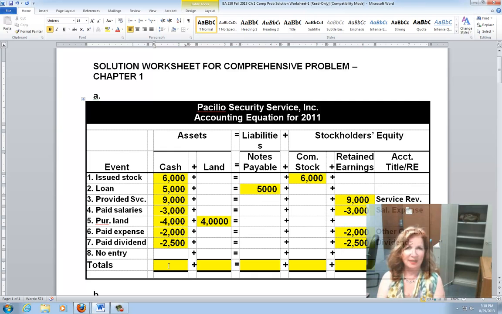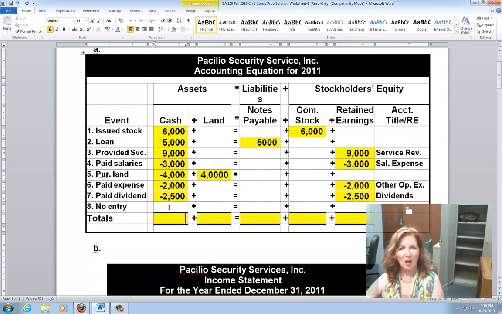Just open an Excel, copy each of those columns and then sum them and then put the totals in. Once you've put the totals in, you will always want to double check and make sure the two assets add together to one amount and the three liability and owner's equity transactions add together to equal one another, so that this is in balance.